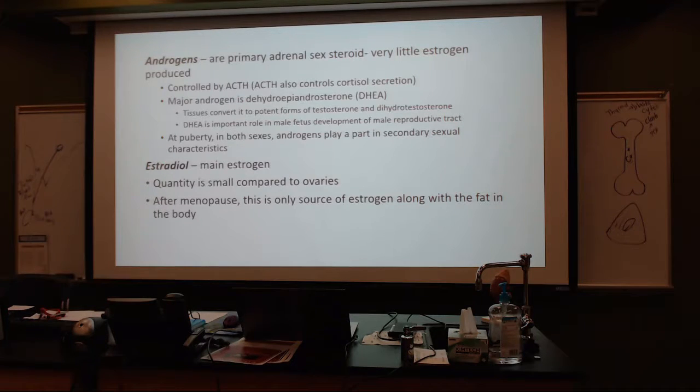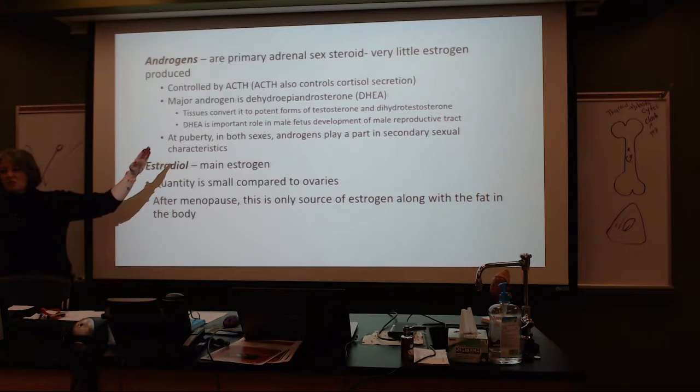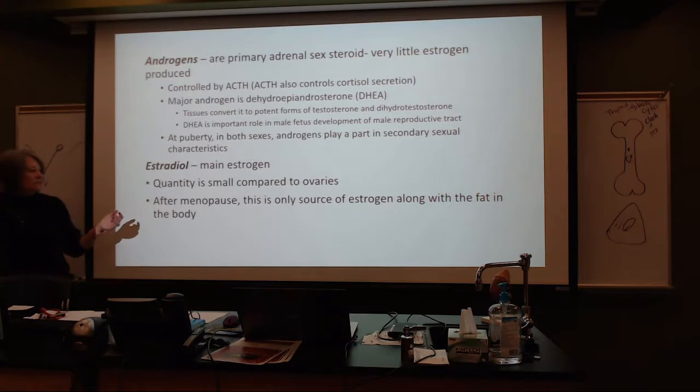Estradiol is the main estrogen that we get. It's very small in quantity when we look at the estrogen that's produced by the ovaries. The ovaries really do produce the majority of the estrogen that the females need. After menopause, this one is the only source of estrogen.